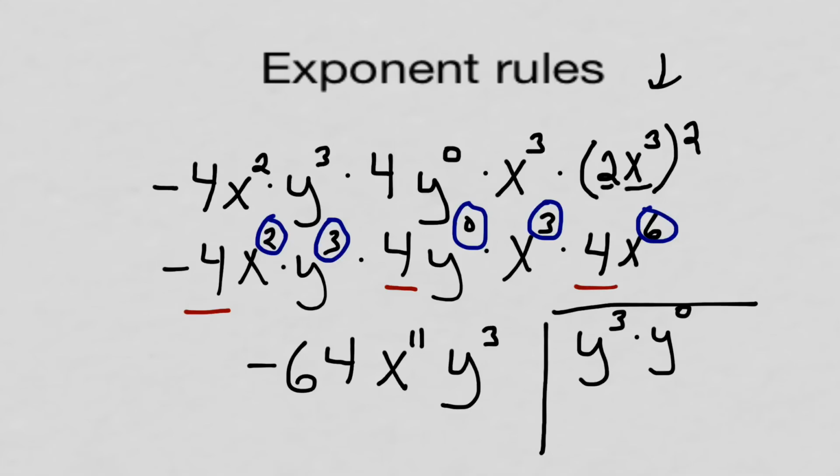You add those, and you get y to the 3rd. That's the same as this, just being a 1. So I added y to the 0 to y to the 3rd, and I got y to the 3rd.